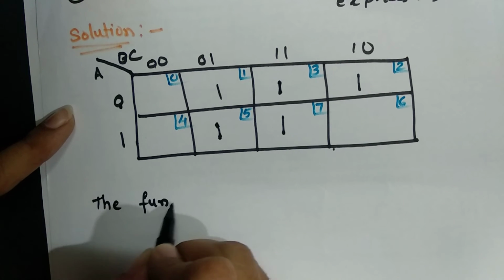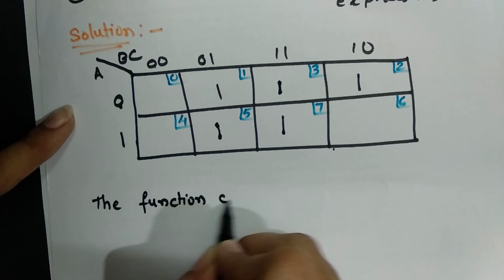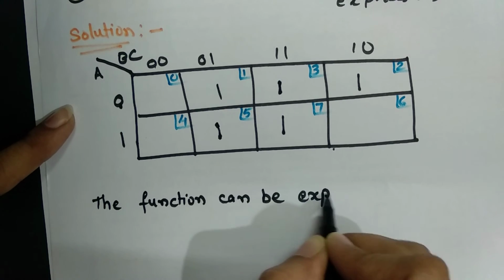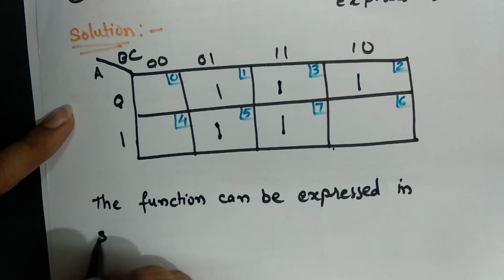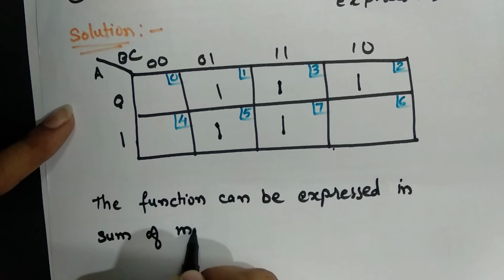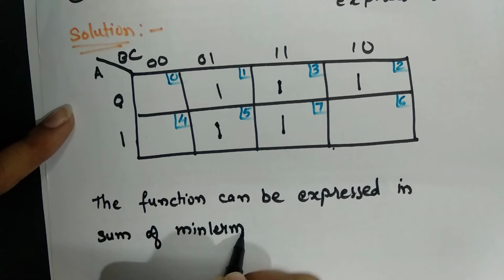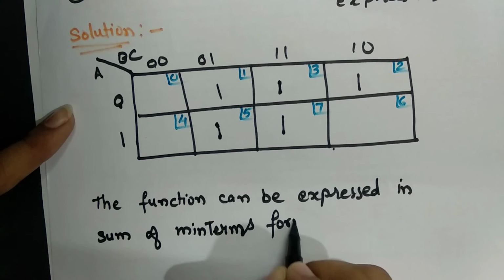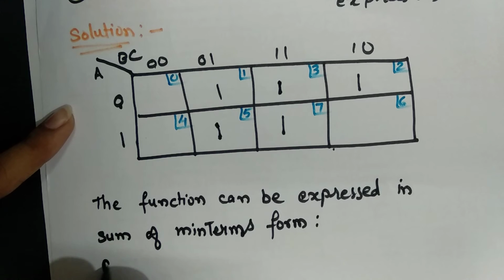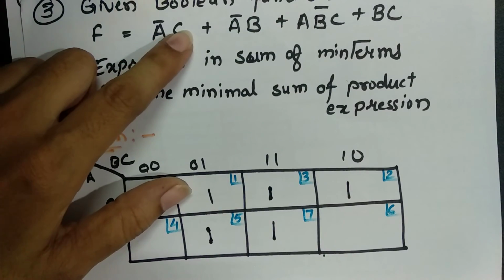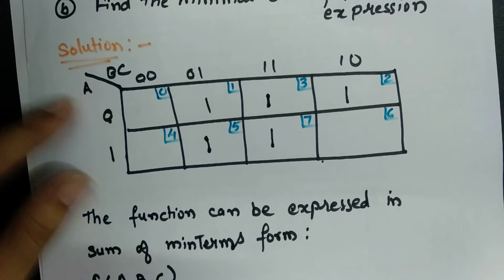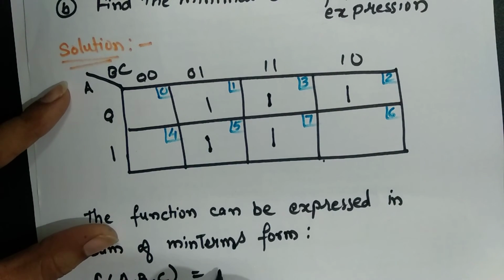The function can be expressed in sum of min term form, that is f of A, B, C. Here we are having min terms as A, B, C. So variables as A, B, C. So we are writing here A, B, C. We have to write down in min terms.